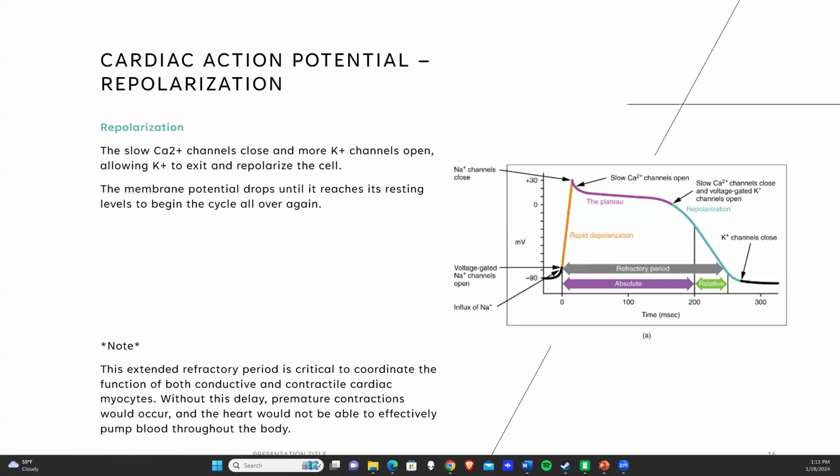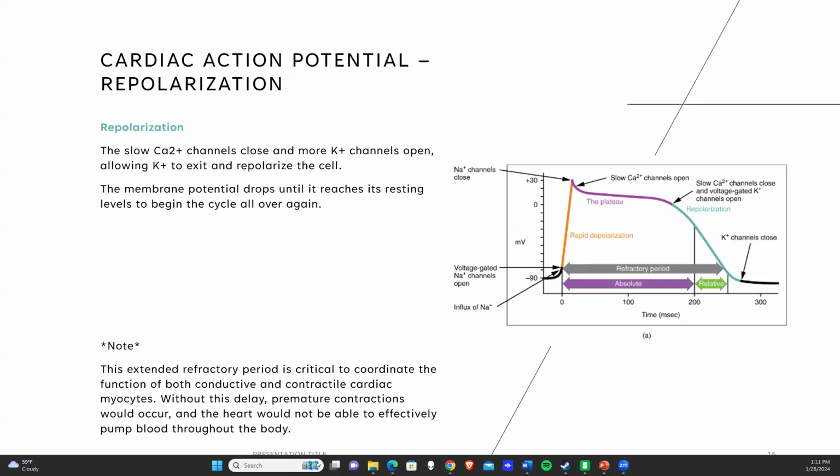Now the calcium channels close and the potassium continues to exit the cell. This helps to repolarize the cell and return it to its resting potential to await another cycle to begin again. This is seen here again with that turquoise-ish line.